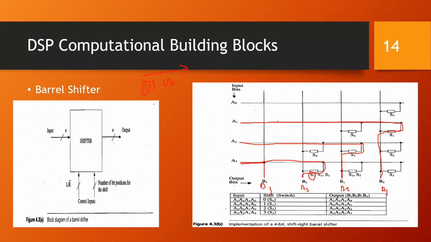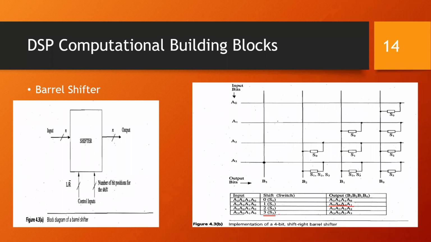So if I want to shift this one, this bit will be retained and it will be 1, 1 and 0. So this is how the shift operation is being performed by this shifter. So that is what they have represented, A3, A3, A2, A1.